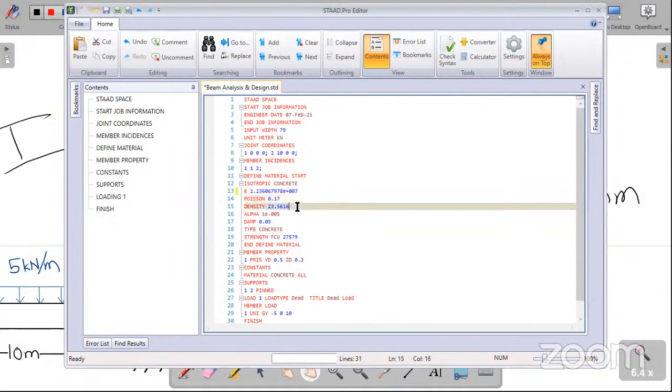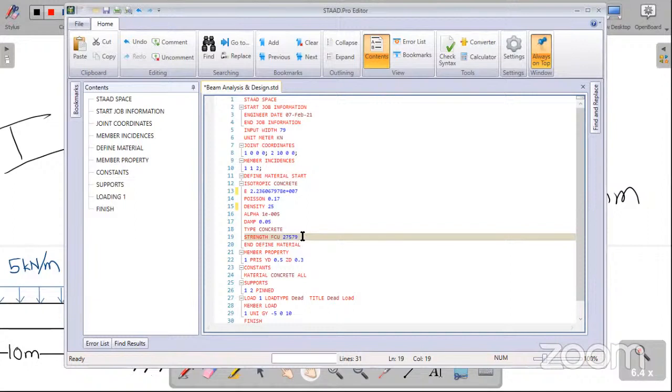Poisson's ratio is fine. Density of concrete will keep as 25. And here the strength of concrete, FCU. FCU means your FCK, your characteristic strength of concrete. So for M20, it will be 20 Newton per mm square.